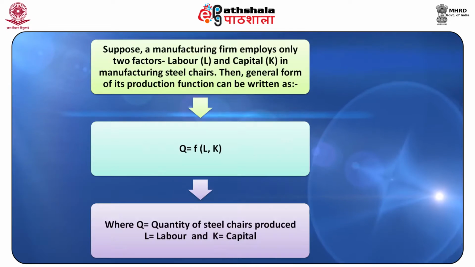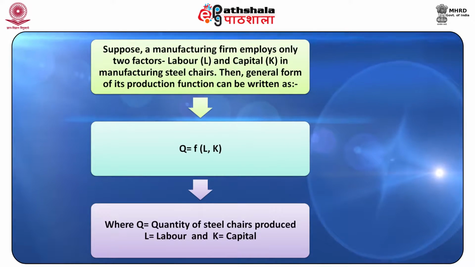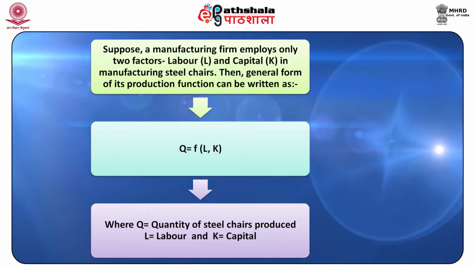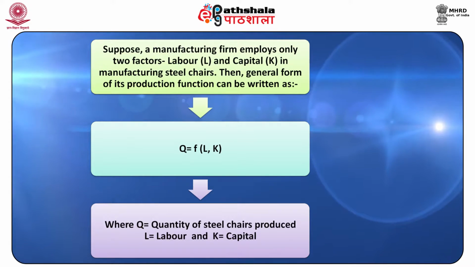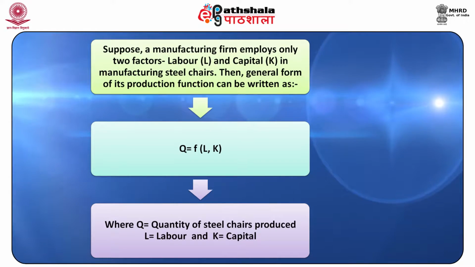A different set of inputs can be used to produce a given level of output, and each of these sets may be technically efficient. Suppose a manufacturing firm employs only two factors, labor L and capital K, in manufacturing steel chairs.